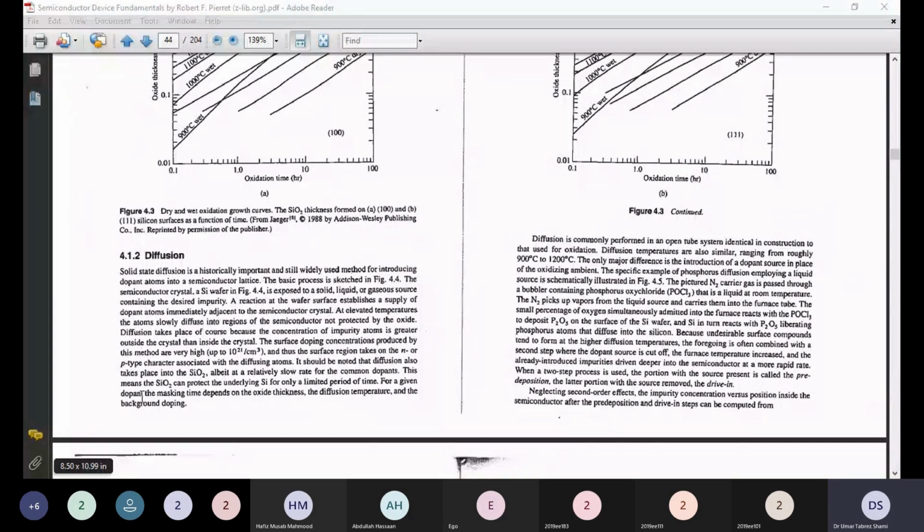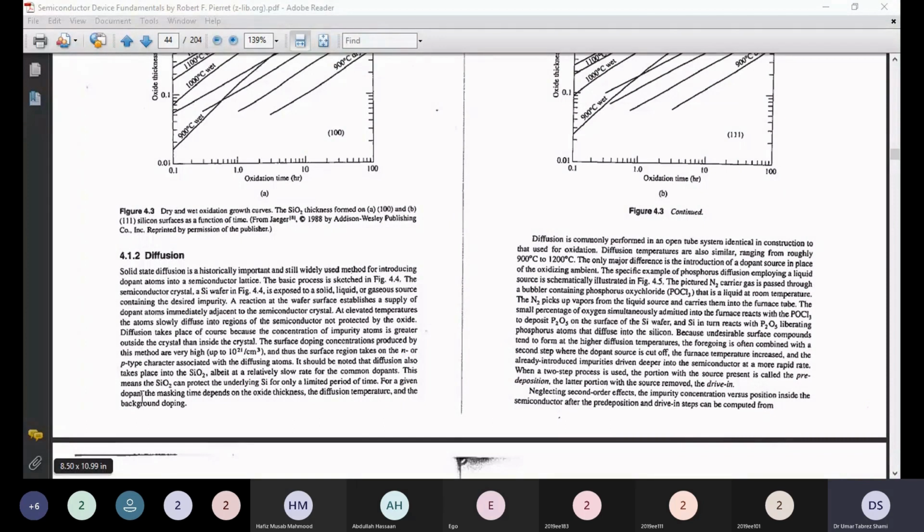Masking time means how much time the silicon oxide will prevent the doping reaction underneath it. For a given dopant, the masking time depends on the oxide thickness, diffusion temperature, and the background doping.